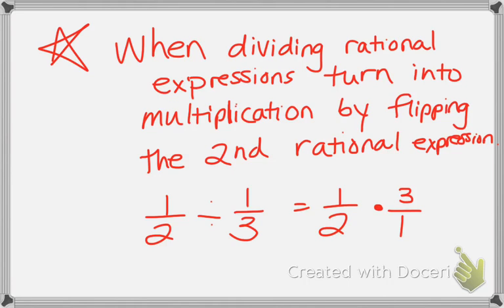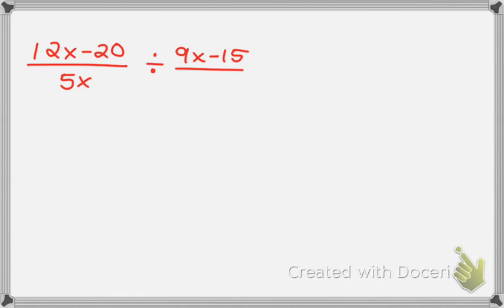Is everybody good? All right, so on your practice space or in your notes, let's try a division one. So let's do, no, we're not ready for cubes yet. How about 12x minus 20 all over 5x divided by 9x minus 15 all over 6.